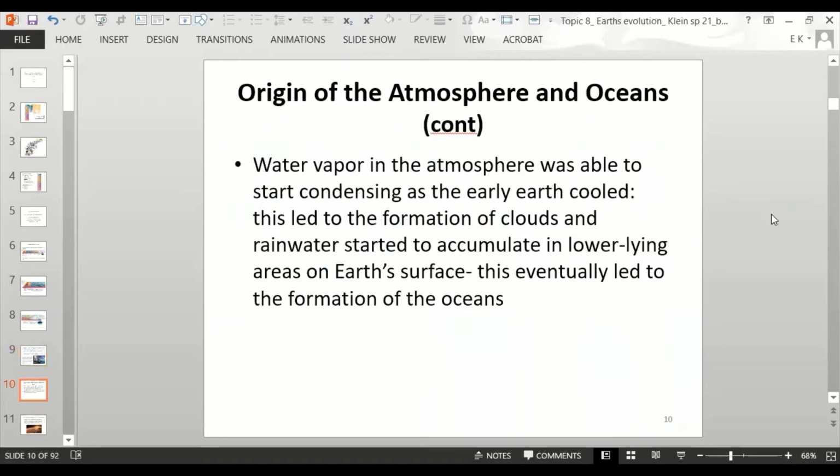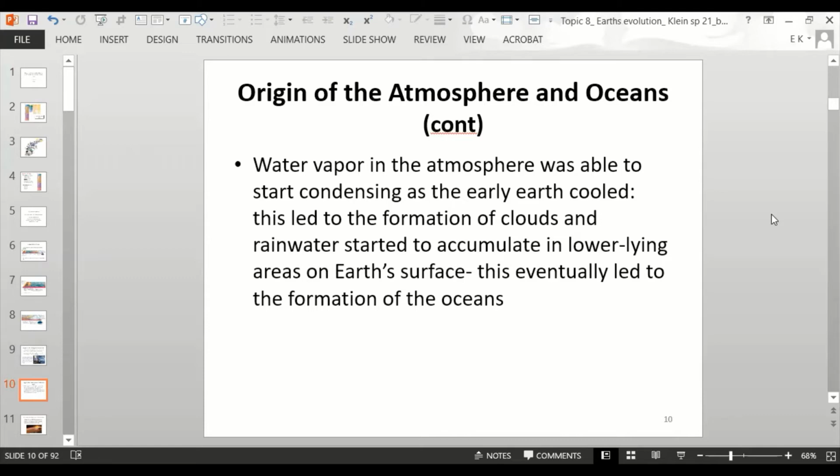Then water vapor in the atmosphere eventually was able to start condensing once the early Earth was cool enough for condensation to happen. So the water vapor that came from the Earth's interior through outgassing eventually condensed.